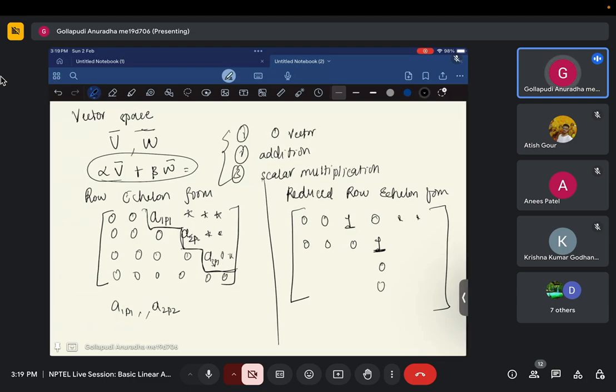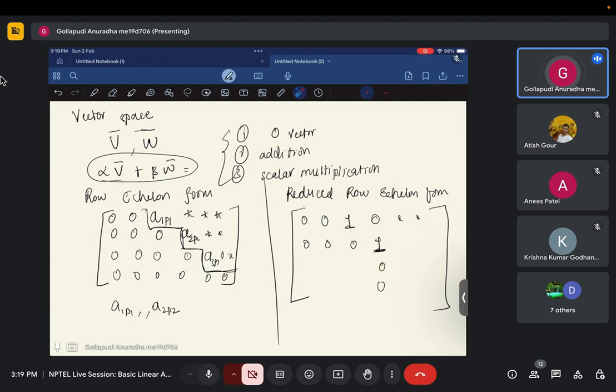Initially there can be some values here, and the pivot need not be 1, and the entries above need not be zeros. They can be any values, but here they will be 0. You try to reduce them.